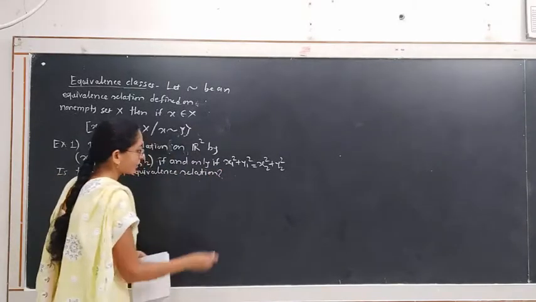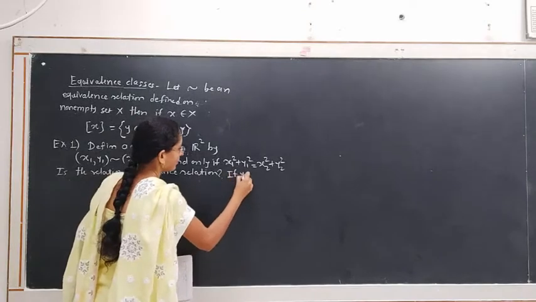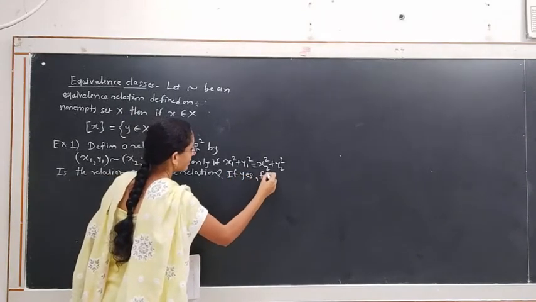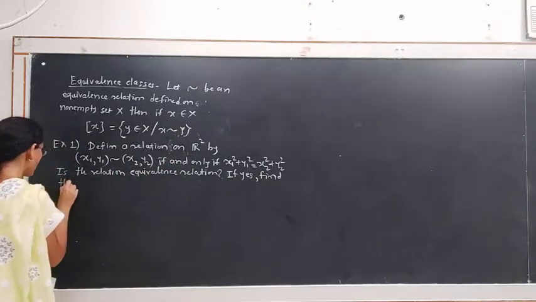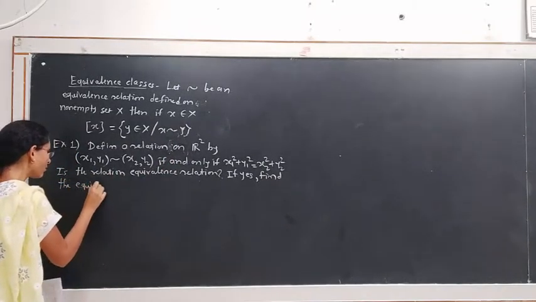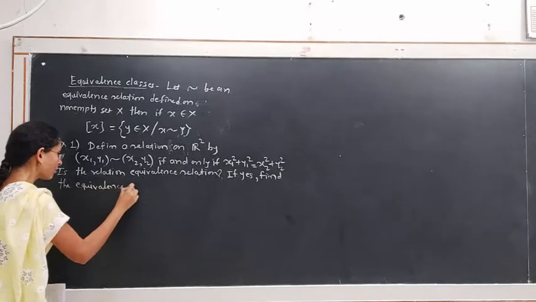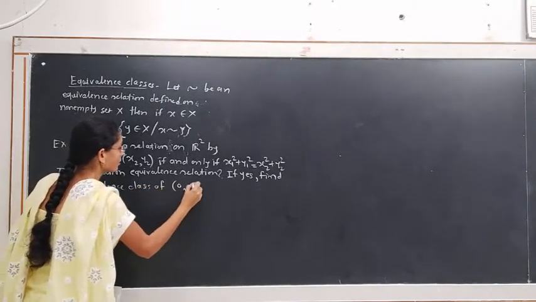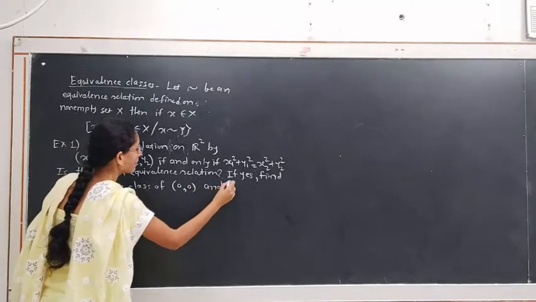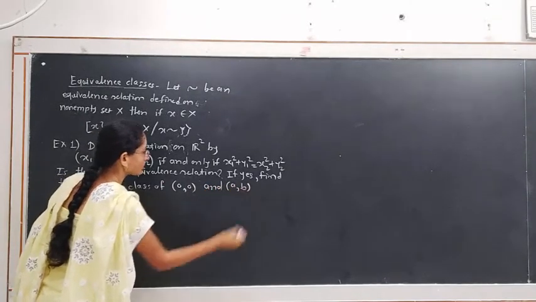If yes, find the equivalence class of (0, 0) and the equivalence class of (a, b).